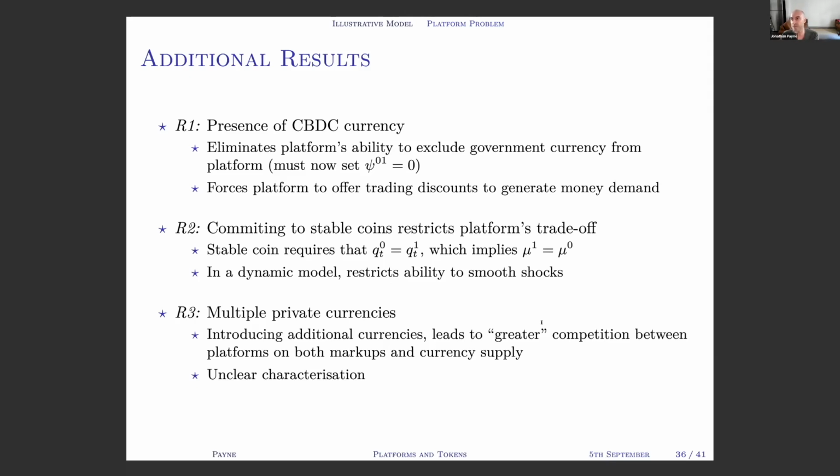In particular, once we add dynamic shocks, it really restricts the ability of the platform to smooth shocks by adjusting this trade-off between markups and signage revenue. And with multiple currencies, we have some competition between them on both markups and currency supply, but I don't currently have much of a characterization of that.